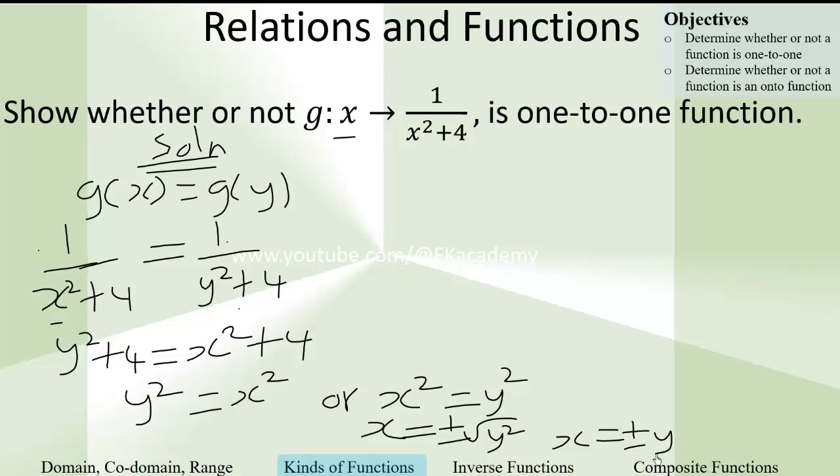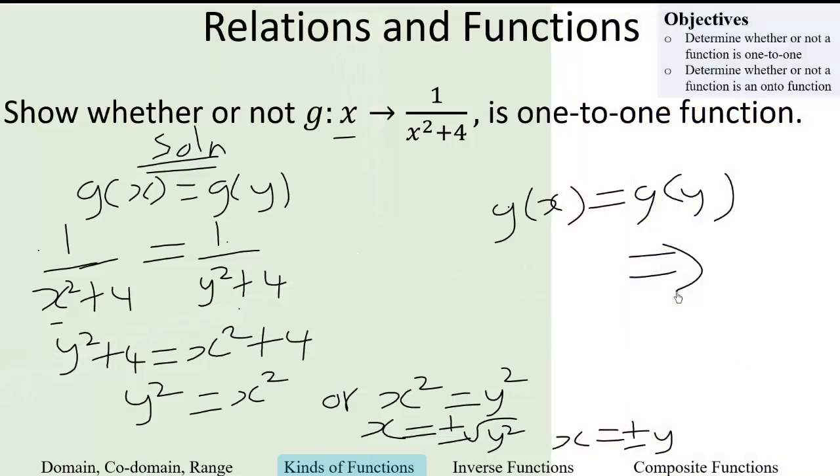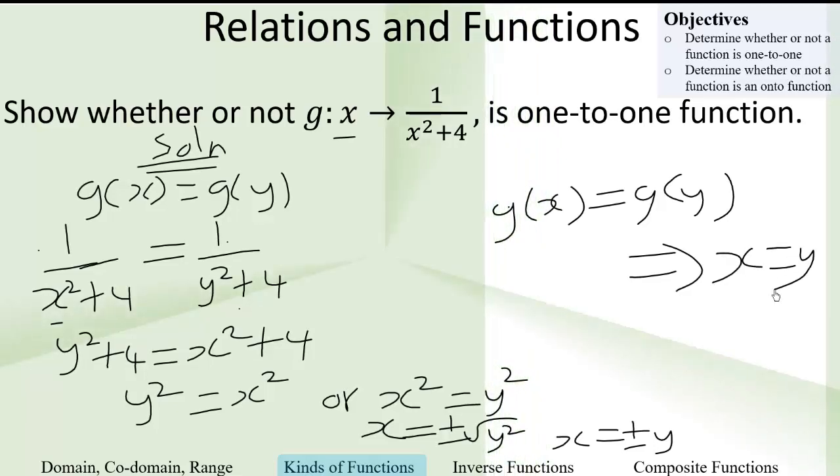Therefore, the function is not one-to-one, since g of x equal to g of y does not imply that x is equal to y. So we are getting two values for y, hence it is not a one-to-one function.